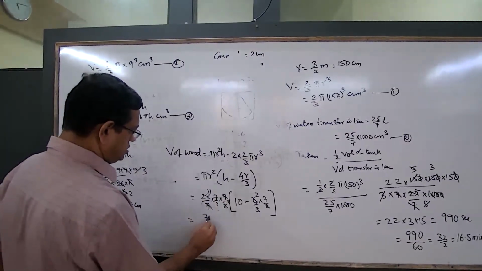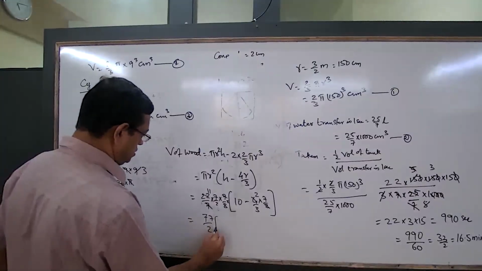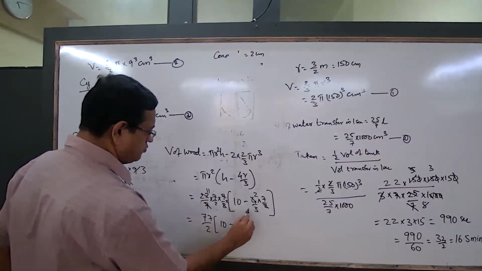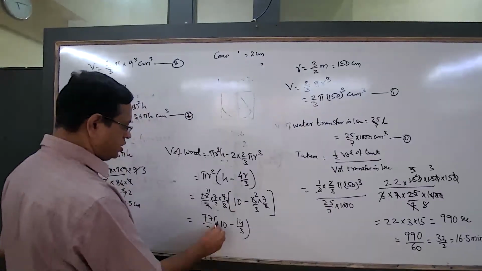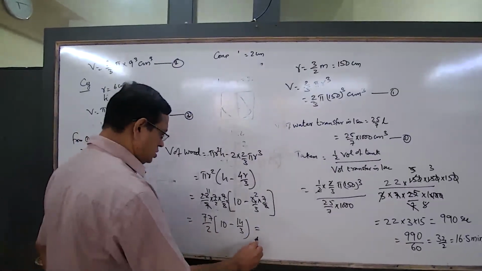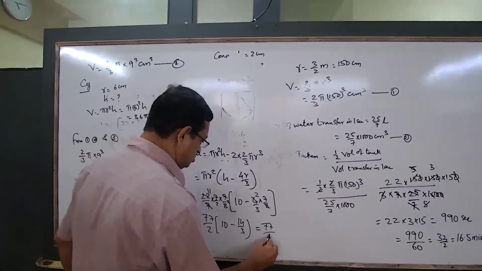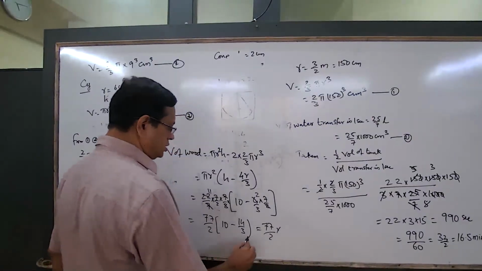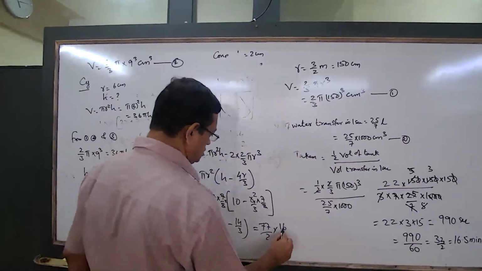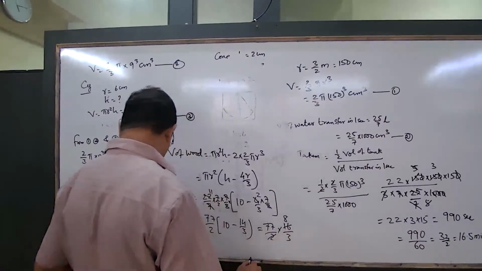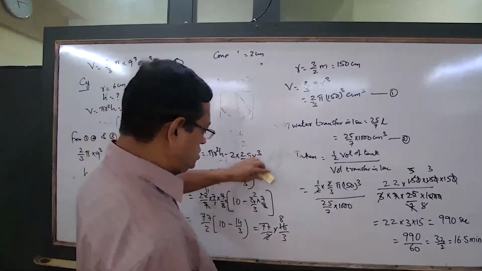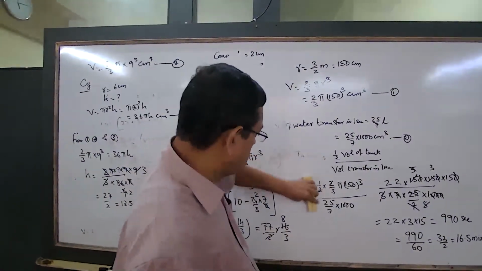That is 77 by 2 is outside. 10 minus 14 by 3. If you take the LCM, 10 is how much, 30 minus 14 is 16 by 3. This is cancelled, 8. Sorry, not 18. So answer is 77 into 8 by 3.